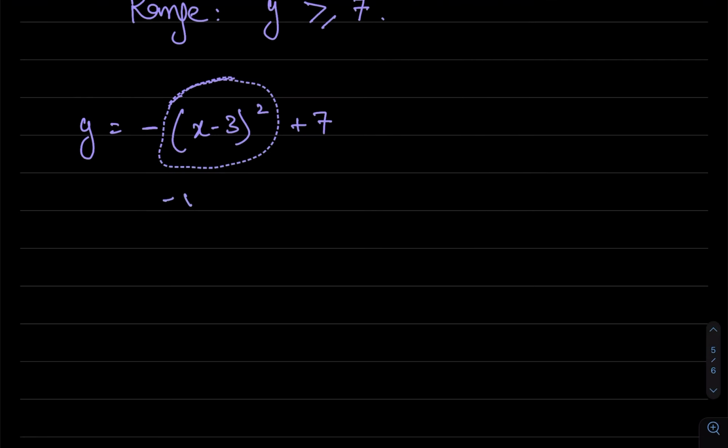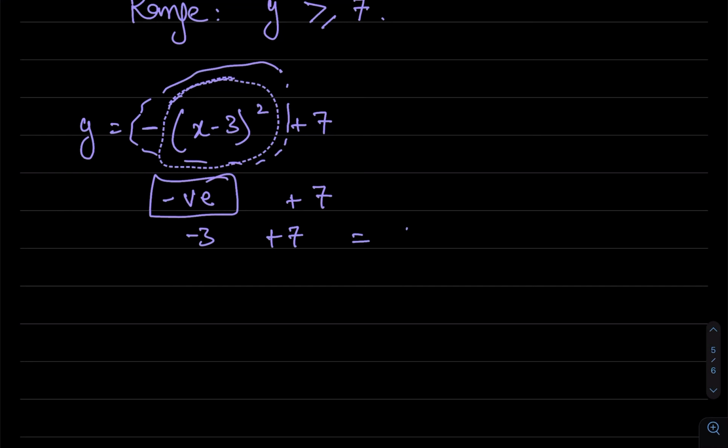So you're going to get negative values from this part of the equation. And when you add a negative value to a positive value, let's say you added negative 3 to 7, you're going to get something that's less than 7, obviously, right? You're subtracting 3 from 7. And so 7 is the maximum value that you can get.